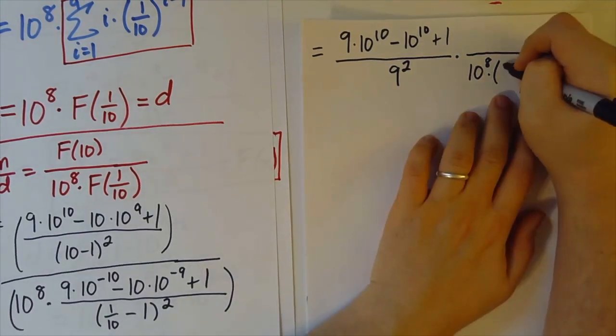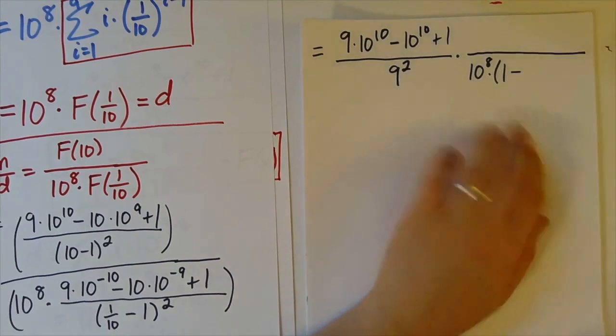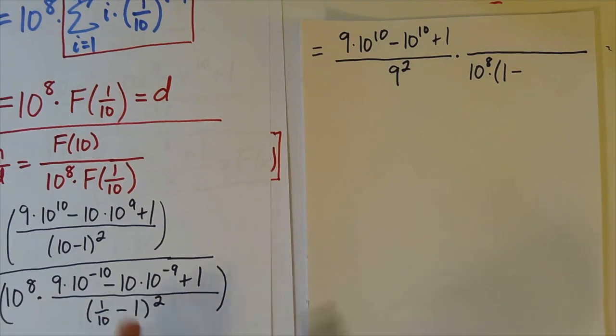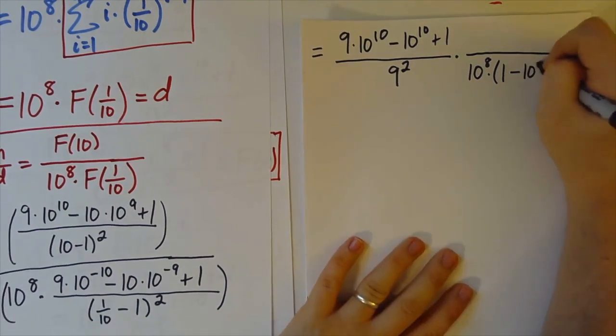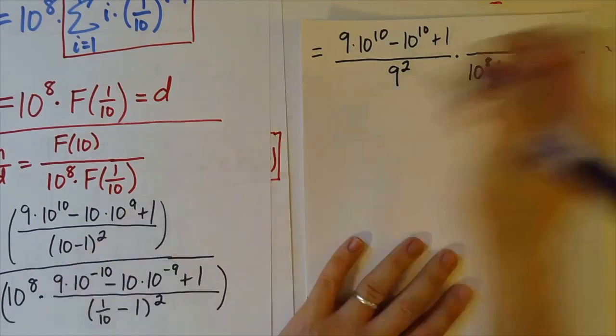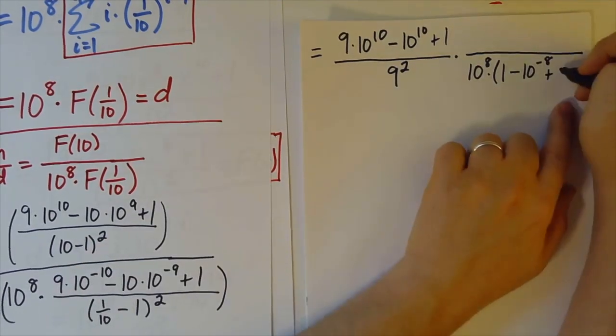So this is 1 minus. Okay, and the second smallest thing here is actually this term, which is a 10 to the minus 8th. And then plus 9 times 10 to the minus 10th.